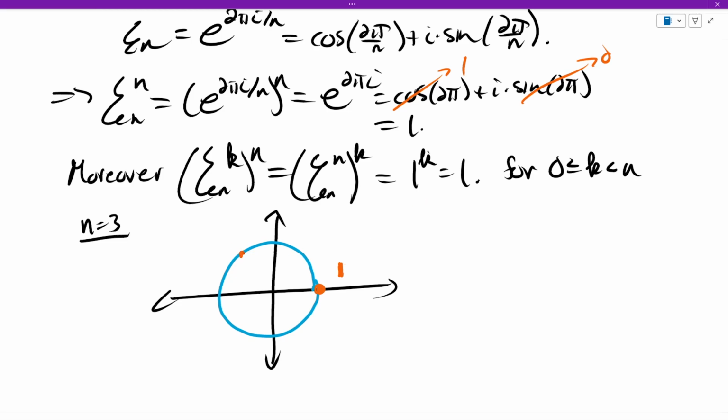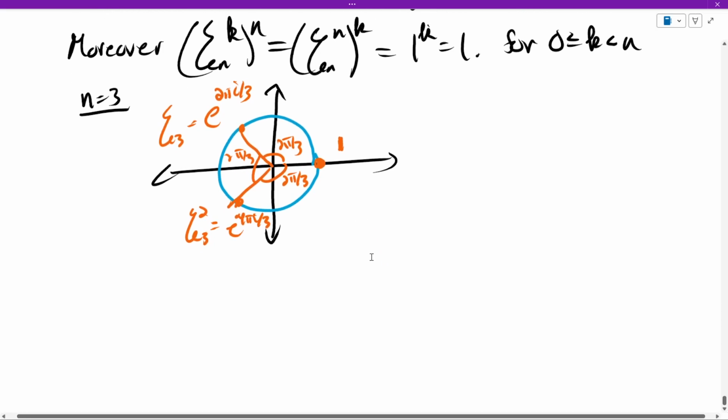And then we're going to put 3 points total, but 2 other points on the circle equally spaced apart, so that this makes an angle of 2 pi thirds, and this one makes an angle of 2 pi thirds. This is e to the 2 pi i over 3, which I'm calling zeta 3. And this one is zeta 3 squared, which is e to the 4 pi i over 3. And that's how you visualize them.